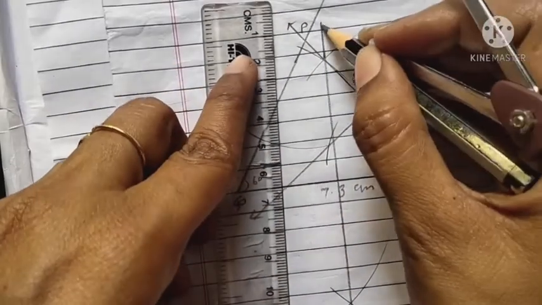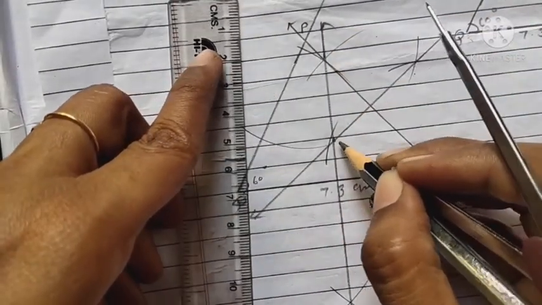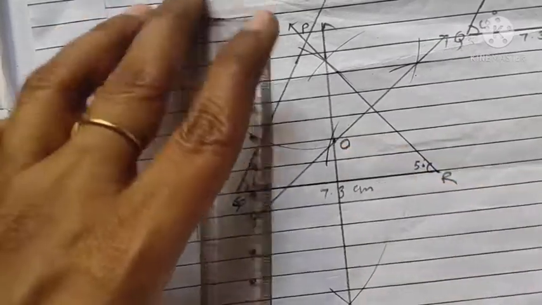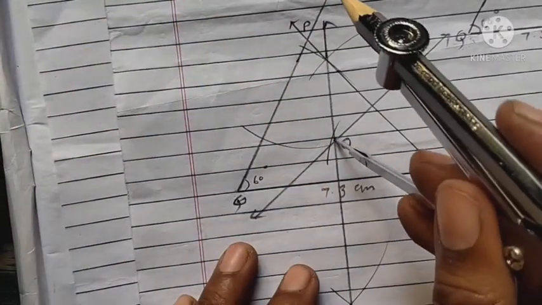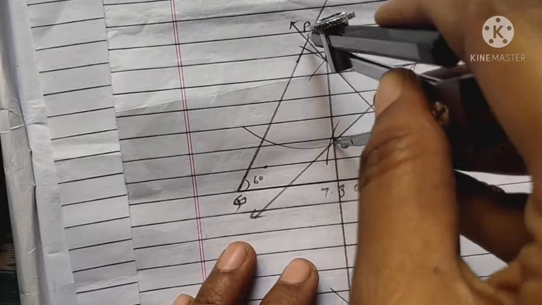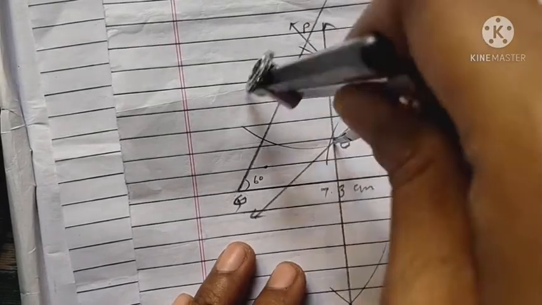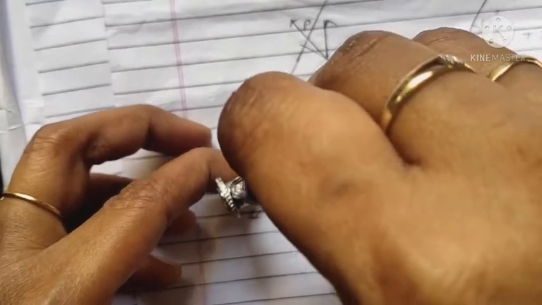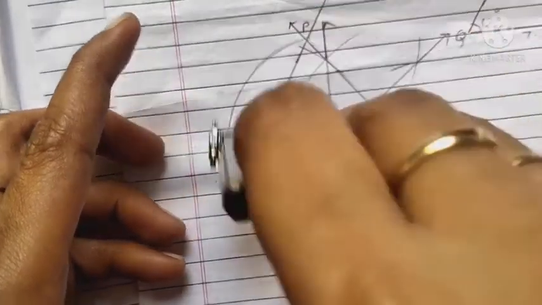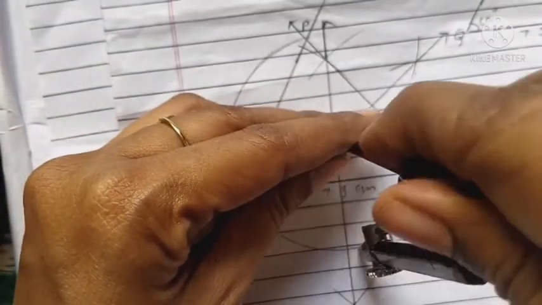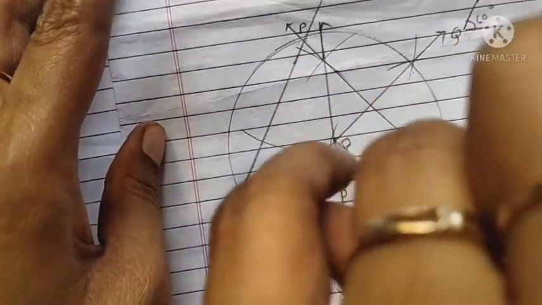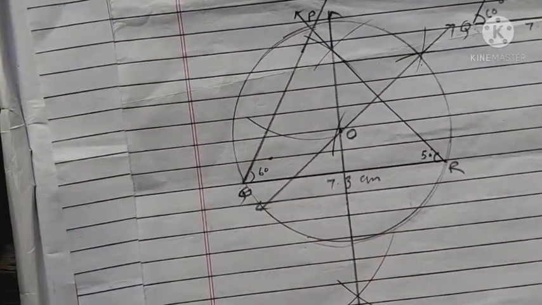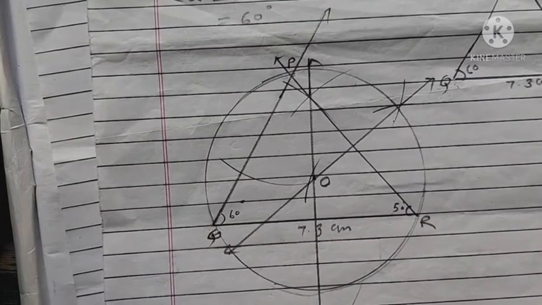Now the point of intersection of these bisectors is O, the center of the circle. Now draw the circle passing through the vertices of the triangle, which is called its circumcircle. This is the circumcircle.